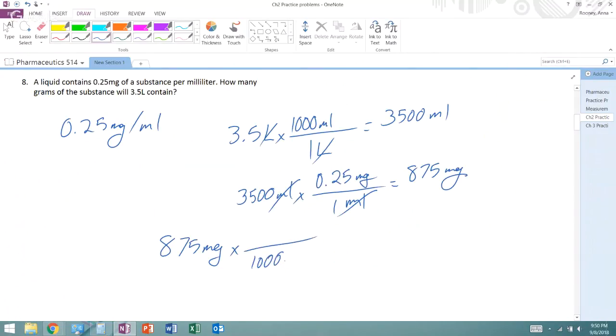There's 1,000 milligrams for every 1 gram. And so divided by 1,000 is 0.875 grams. Sorry, didn't do that. So then that is your answer.